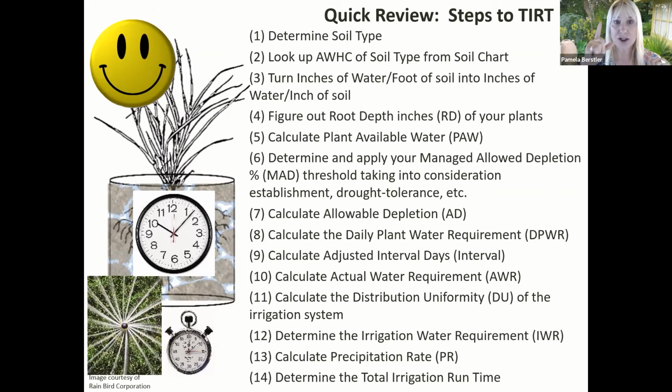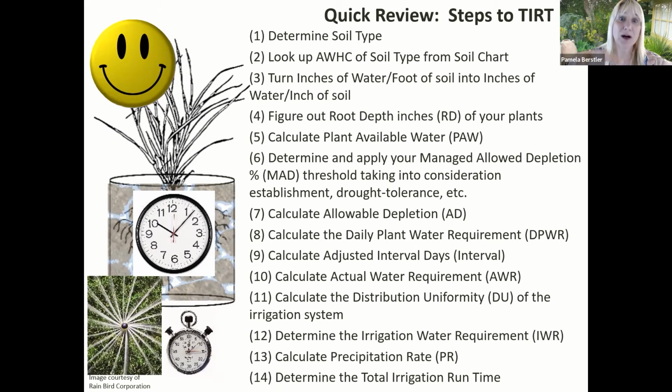In order to determine how much water the landscape requires, you're going to multiply the interval by the daily plant water requirement to figure out the actual water requirement. How much is actually needed by this landscape? Once you've done that, you're going to divide the actual water requirement by the distribution uniformity or irrigation efficiency of the system in that site, because we know that no system is 100% efficient.